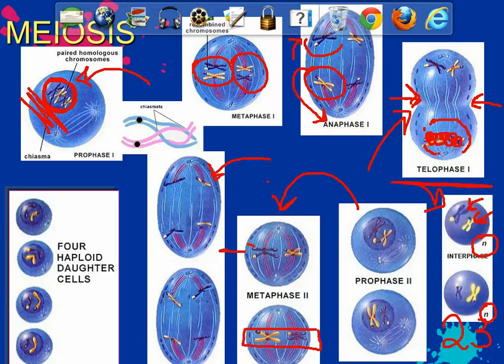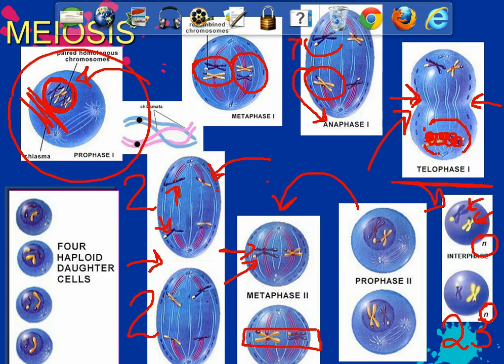One of these chromatids is pulled that way. The other chromatid is pulled that way. We end up with 2 cells. Here are your 2 daughter cells. 2 daughter cells being made here. 2 daughter cells being made here.